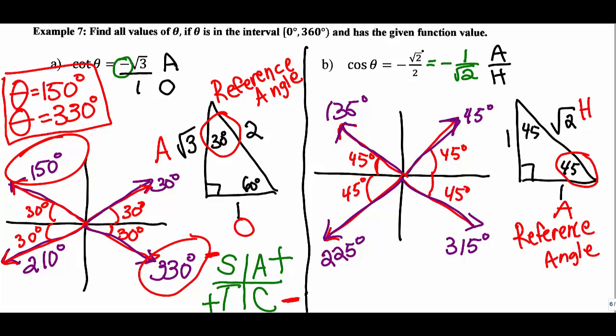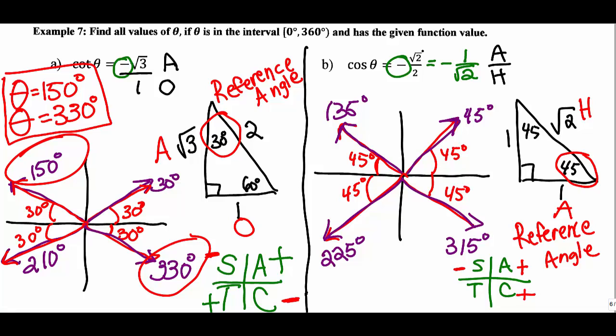Well, we're looking for cosine values that are negative. So, all students take calculus. We want where cosine is negative. Well, cosine is positive in quadrant 4 and quadrant 1.